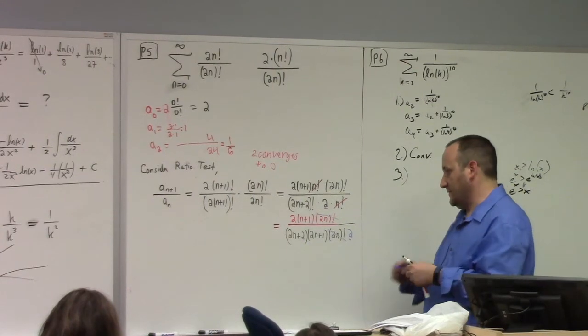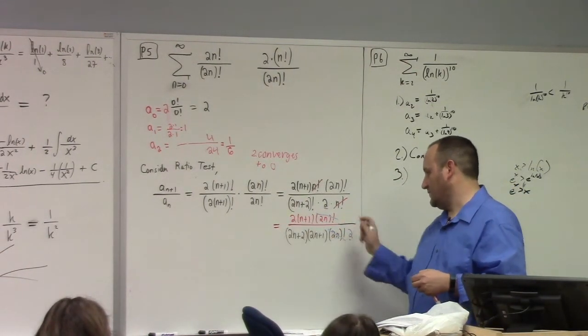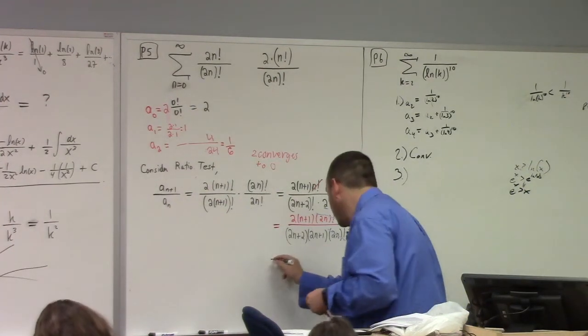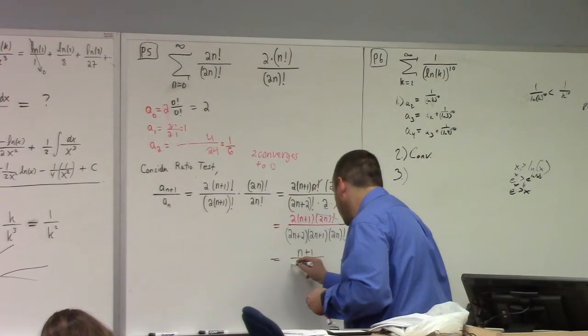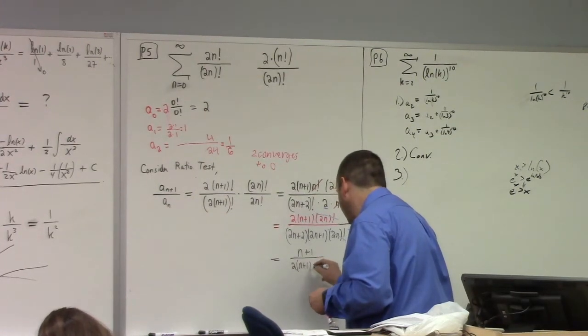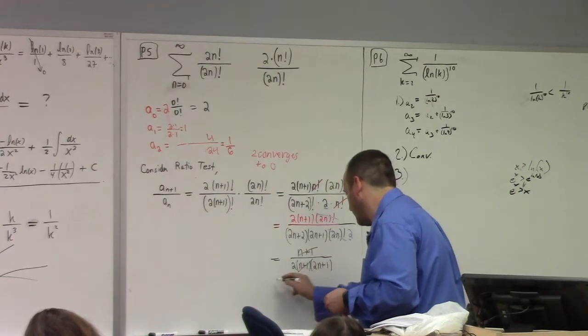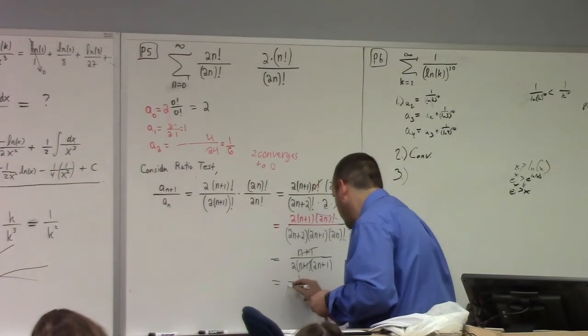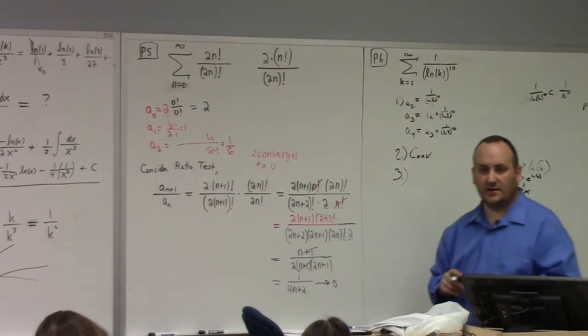And then what do we got? Oh, the 2's cancel, right? And what you're looking at is n plus 1 over 2 times n plus 1 times 2n plus 1. You could actually cancel these n plus 1s if you like. And you get 1 over 4n plus 2, which goes to 0 as n goes to infinity.